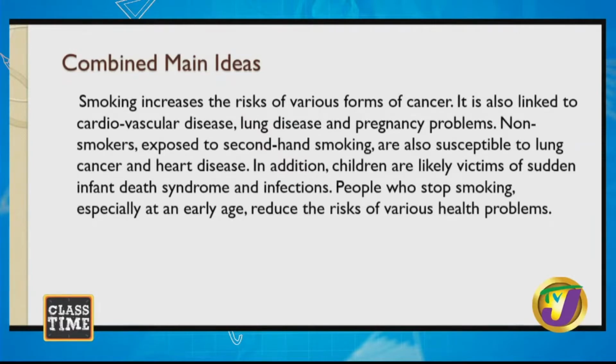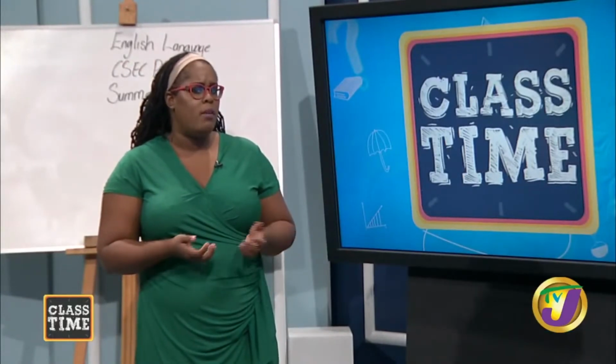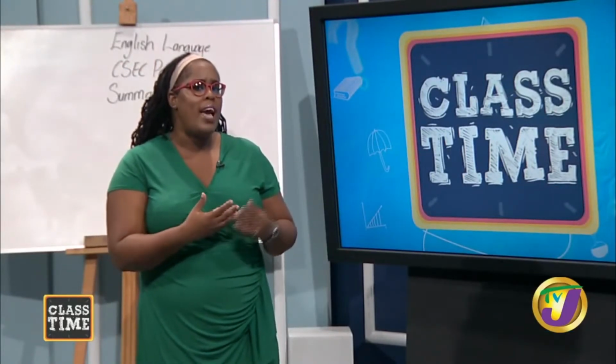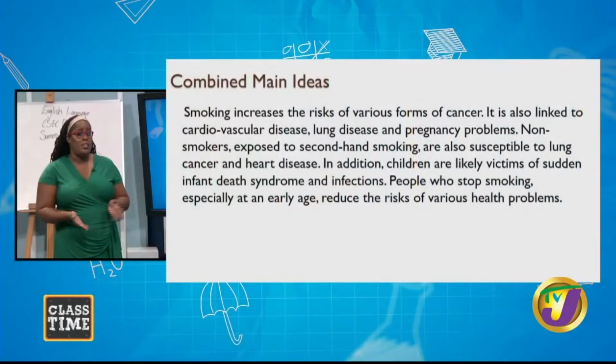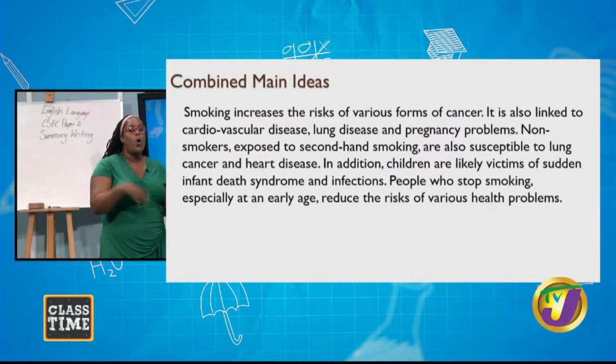Now, when we look at our combined main ideas, don't they make sense? Don't we realize that the sentences flow seamlessly into each other? That's the idea. That is what we want. We want, when we read the summarized version or combined main ideas, that they make sense, and we understand what is being said.